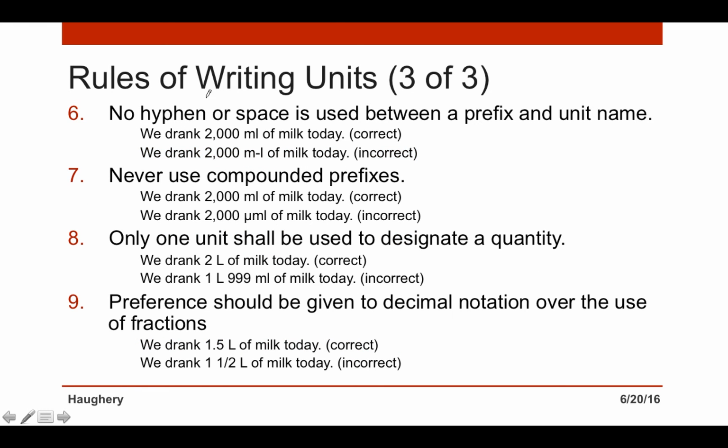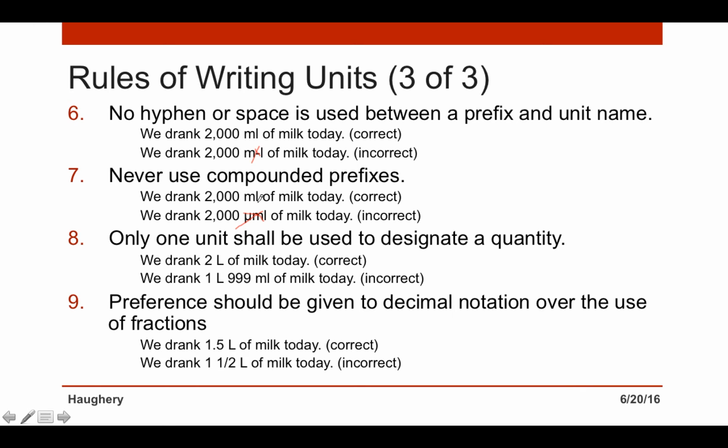And then finally, we don't hyphenate, and we don't combine units. So micro, milli, if you remember a couple slides back, those are two prefixes, right? And we don't combine prefixes because it just doesn't make sense. We would modify the actual number to show one metric prefix at a time. Of course, that's liters, just milliliters.